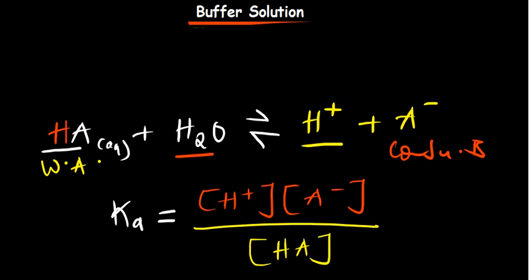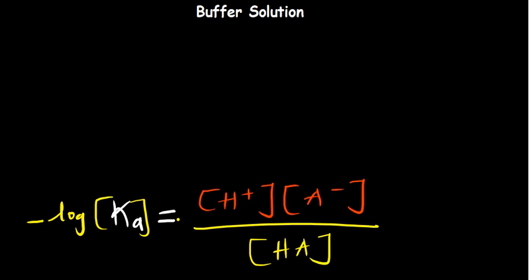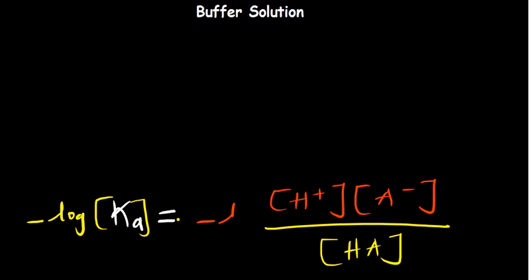Now this is where we come up with the equation that helps us find the pH every time we are asked. With the knowledge of our logs, we take the negative log on both sides: the negative log of Ka, and the negative log of this other side as well. Let me create some more space. From our logs, what do we know?